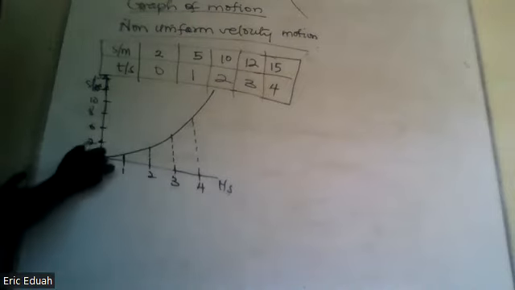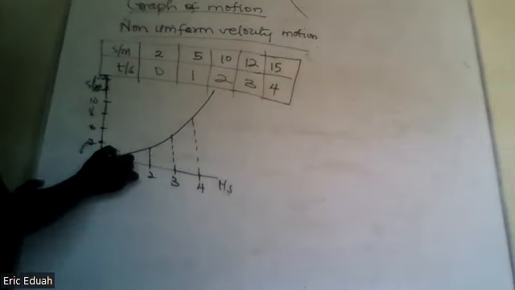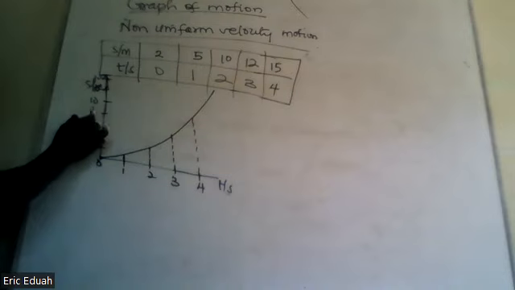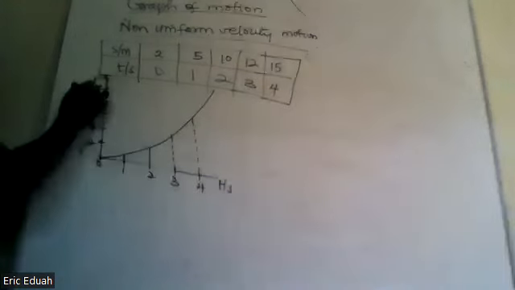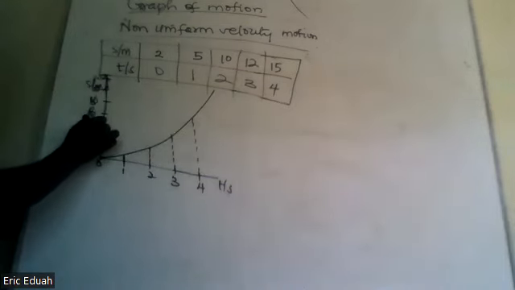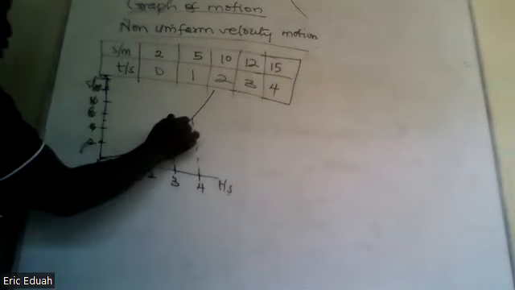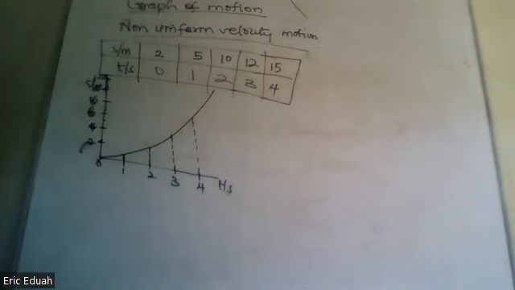So at the time of 0 will be here. At the time of 1, the distance is 5. Sorry, it is 2, 4, 6, 8, meaning where will 5 be? This is 2. 5 will be somewhere here. When I join, you can do it on a graph, and you will get a curvy pattern.